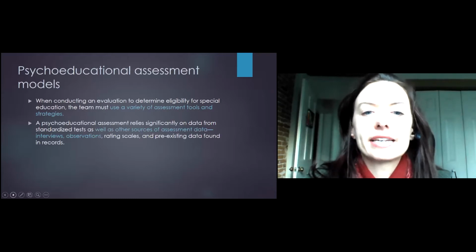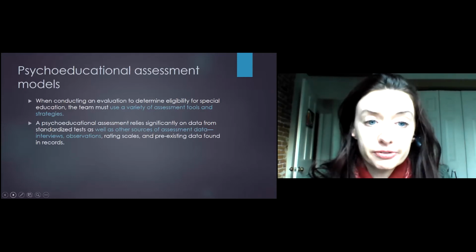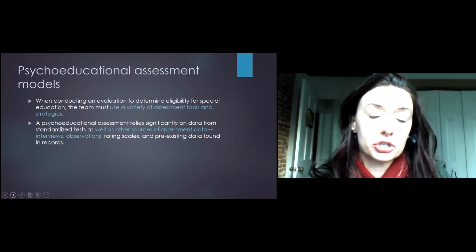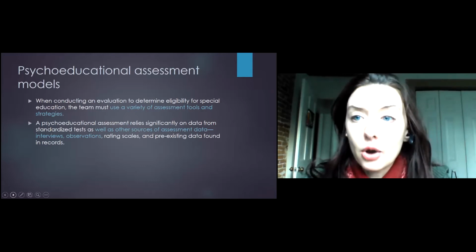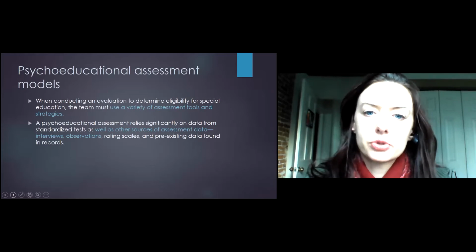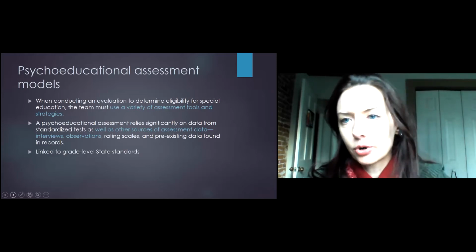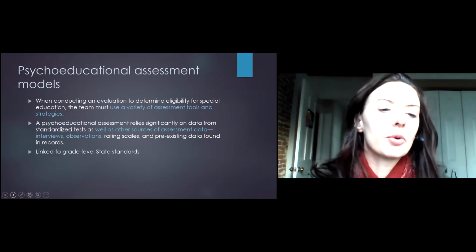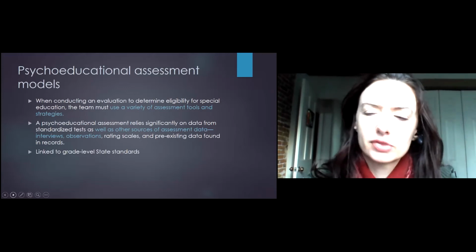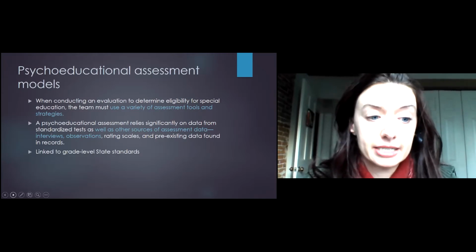So we want to use a variety of assessments, and we can even use interviews and observations of students' performance in math. And so that's what a lot of my research and work is around, how to conduct these interviews and how to conduct these observations so that you can see math learning disability warning signs. And of course, like I mentioned before, we want to make sure we're looking back to those grade level standards and seeing, is the student about 2 years or more behind their classmates?